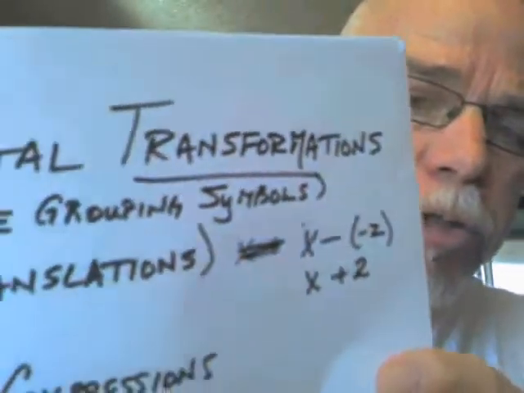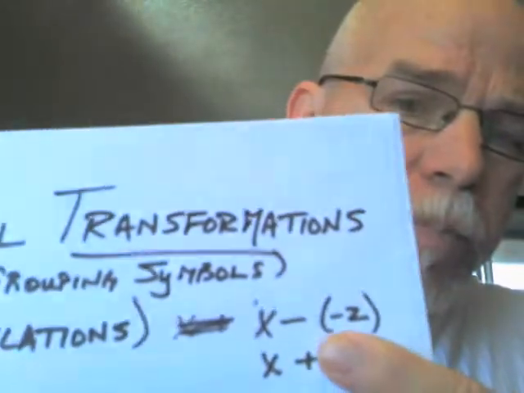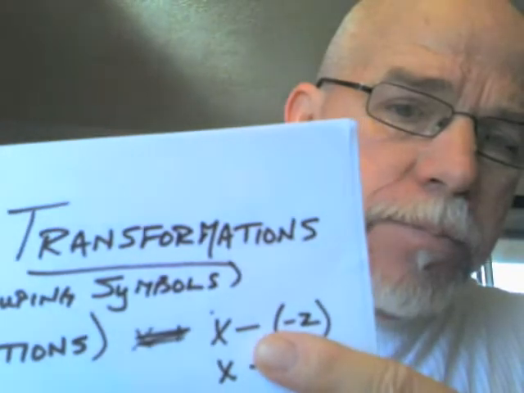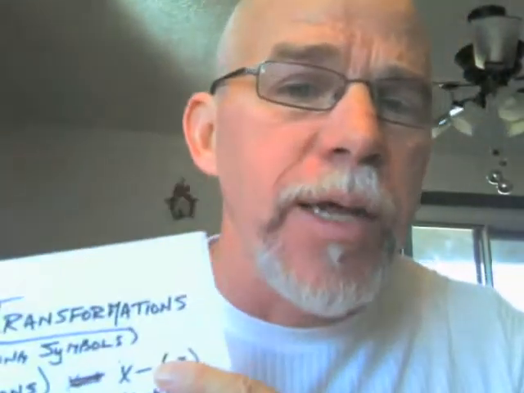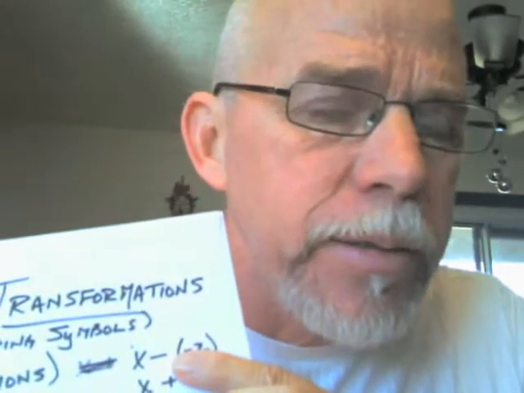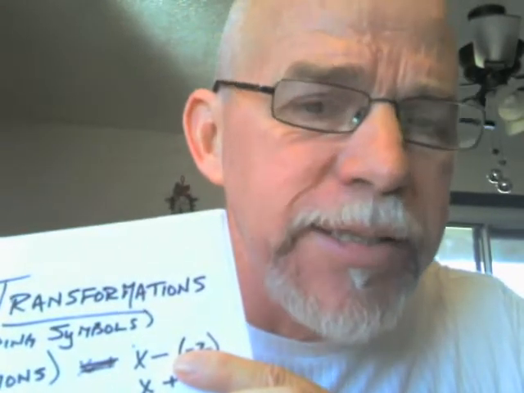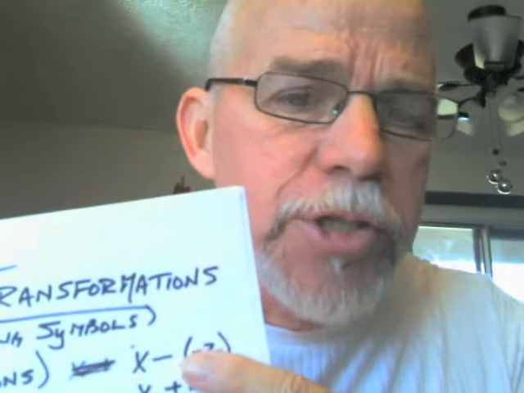So it's really not what you're adding, it's what you're subtracting that determines the direction of the shift. Did you hear that? It's not what you're adding, it's what you're subtracting that determines the direction of the shift.